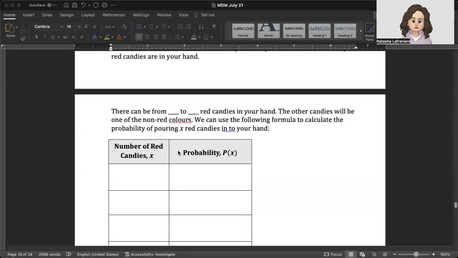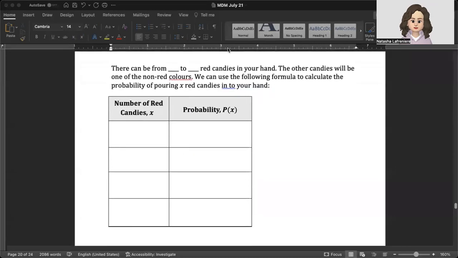There can be from 0 to 3 red candies in your hand because there are only 3 red candies. So our number of successes is 3, failures is 17, the total number is 20, and our R is 5.